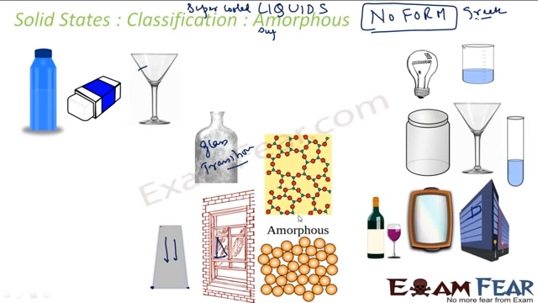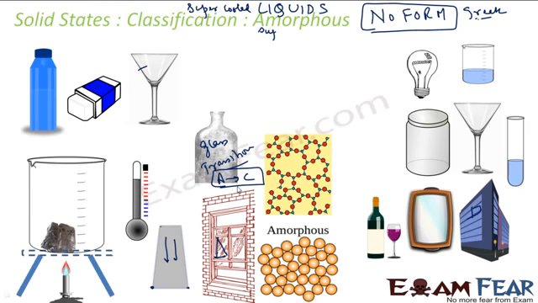What I'm trying to draw from the milky glass of the old civilization is that from amorphous to crystalline also, this phase change happens, and this is called glass transition, from A to C, amorphous to crystalline, slowly.